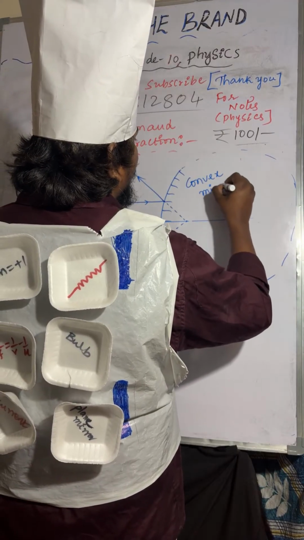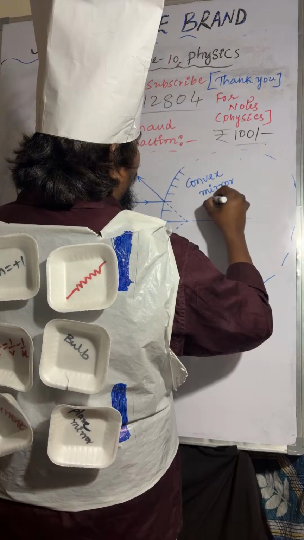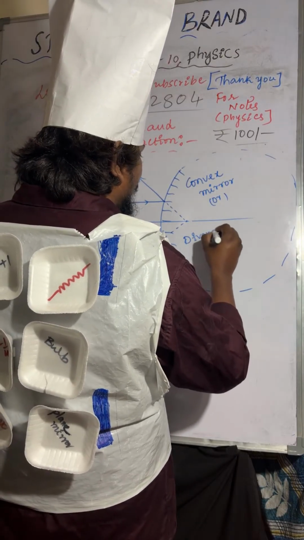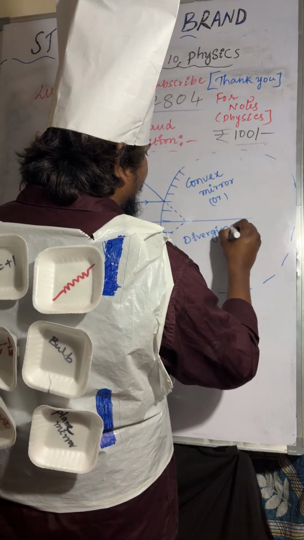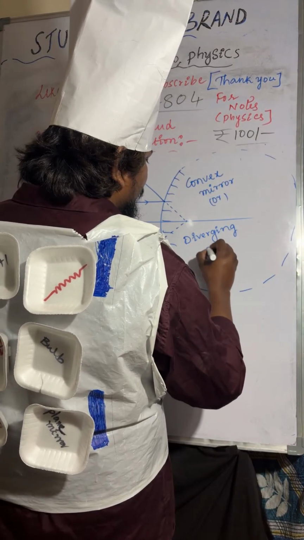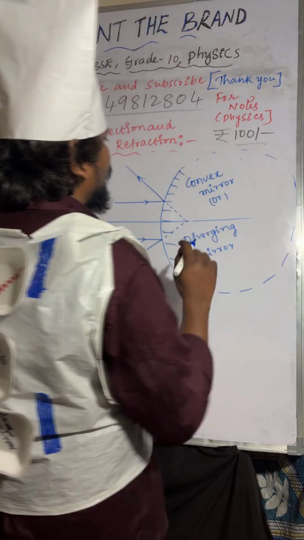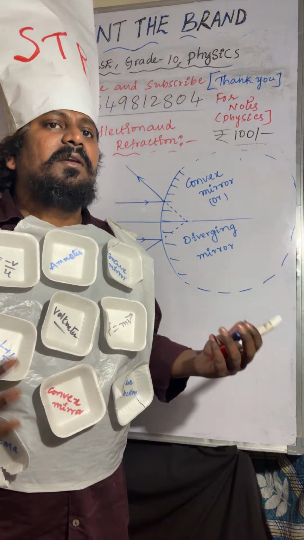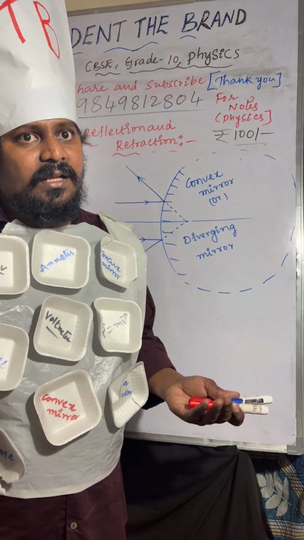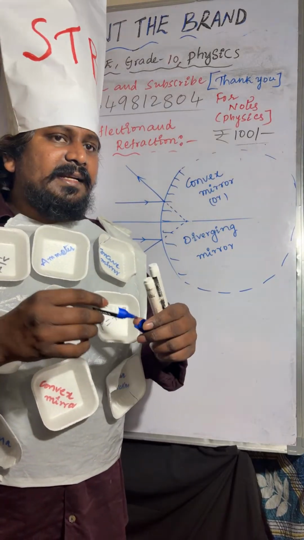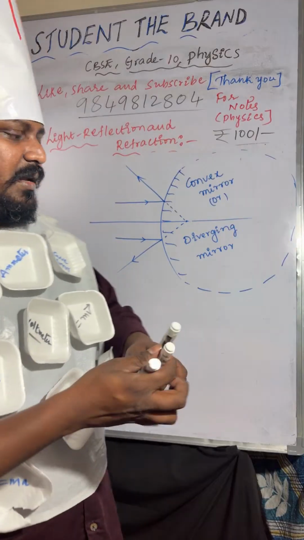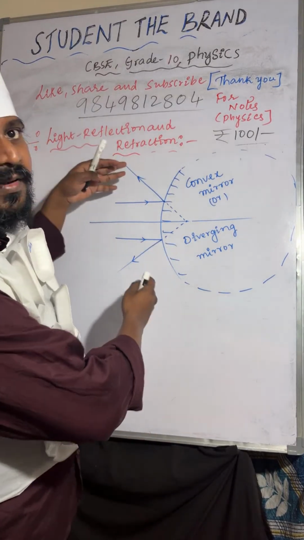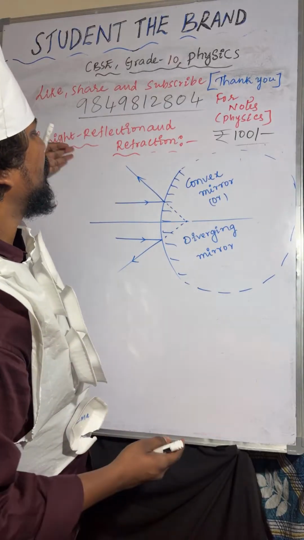Convex mirror is also known as diverging mirror. Sir, why are you calling convex mirror a diverging mirror? Whenever light rays are incident on it, those reflected light rays are moving away from the principal axis.